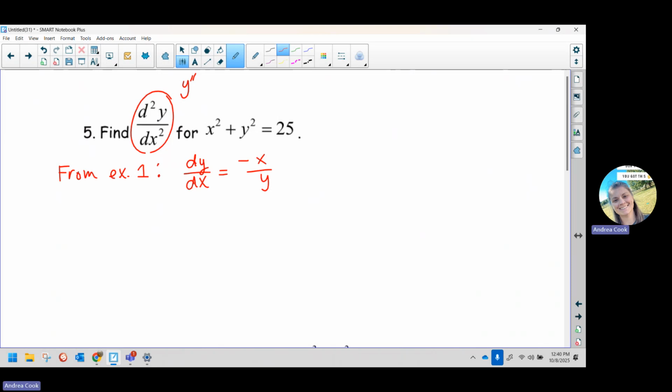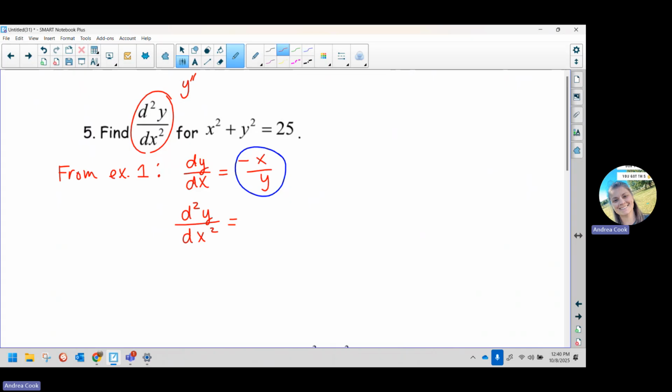So the second derivative is the derivative of the first derivative. So I'm going to find the derivative, which I write like this. That means second derivative. And then how am I going to find the derivative of negative x over y? Quotient rule. So we are going to do quotient rule.